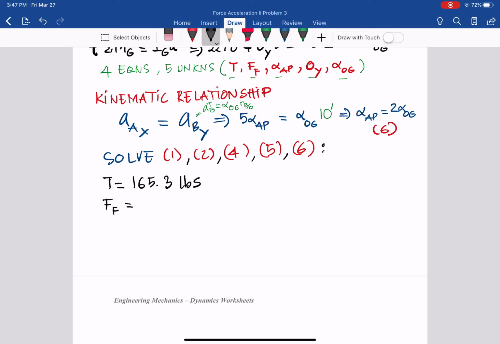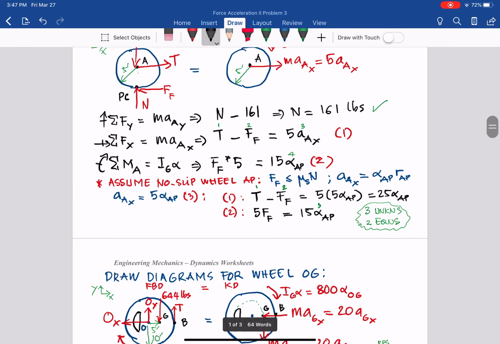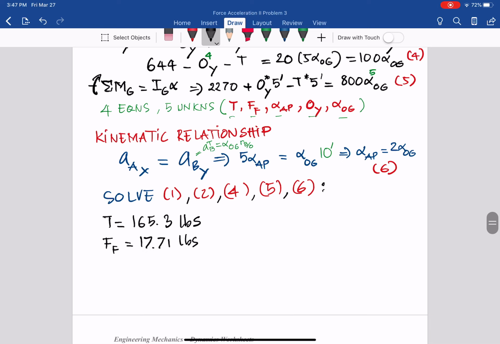And the second one is friction force equal to a positive number, 17.71 pounds, from that equation. Because it's positive, it is the same as our assumed direction, so it goes to the left. The next one is alpha AP, equal to 5.90 radians per second squared, and it is positive, so clockwise rotation, same as our assumption.